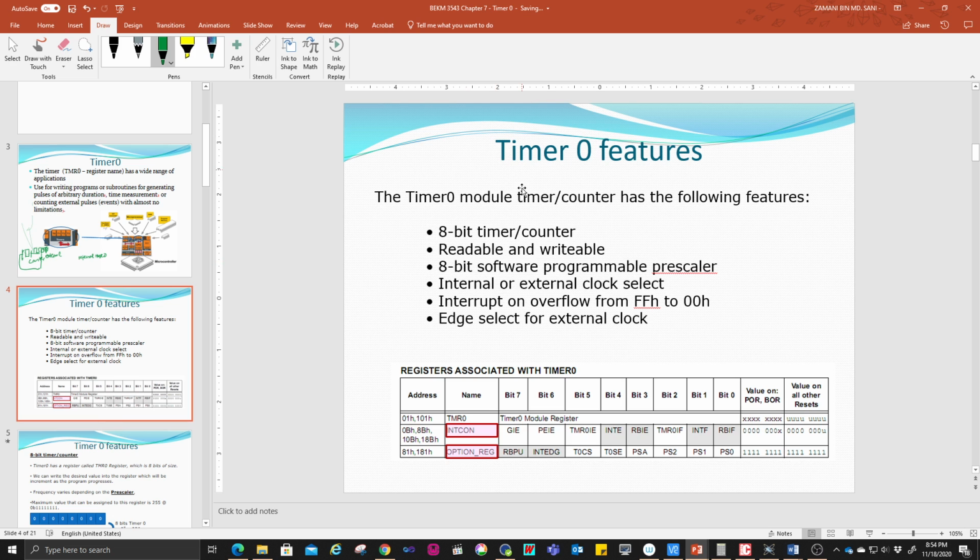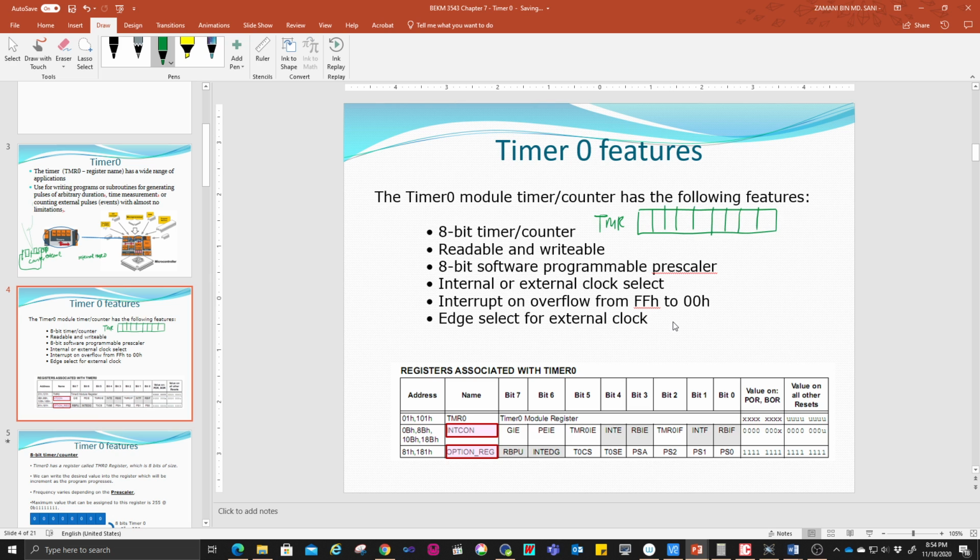So what are the timer zero features? There are two registers related to the timer zero features. The timer zero module timer counter has the following features, first, an 8-bit timer counter. So timer zero is an 8-bit size counter, which is your RAM bits 1, 2, 3, 4, 5, 6, 7, 8.